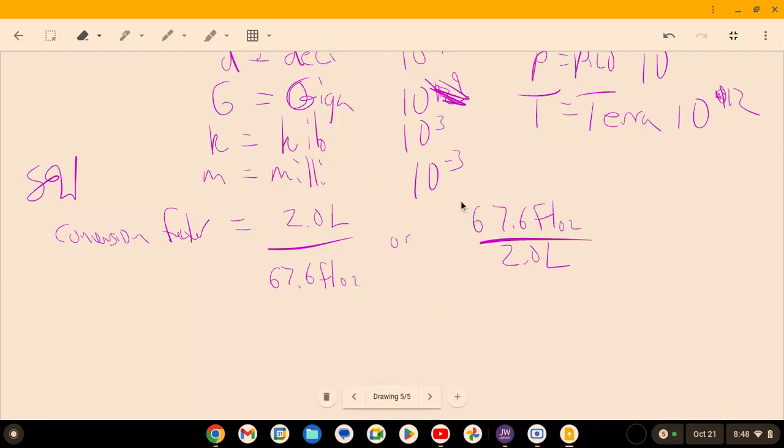And so since I want the number larger than 1, I'm going to do this one. So that's basically 3 points.